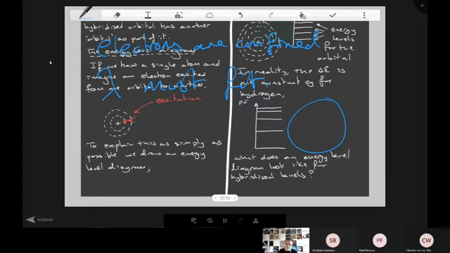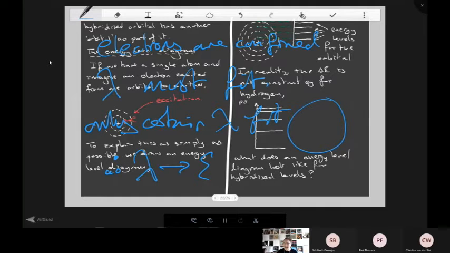So the wavelengths must fit, and only certain wavelengths fit. Therefore, because wavelength links to energy, only certain energies are allowed. That's why we have orbitals.